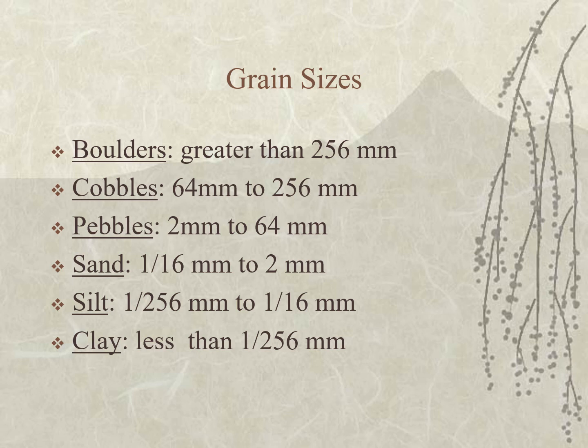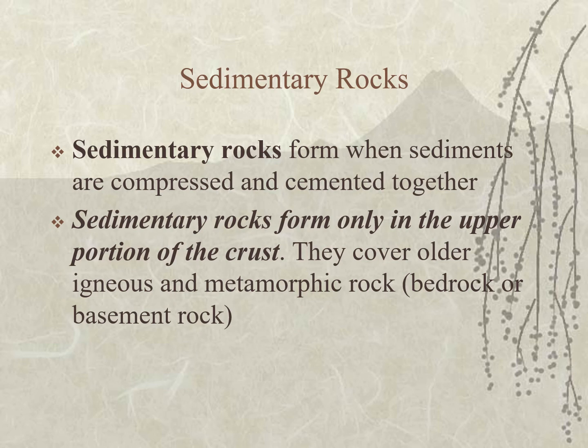Hold your thumb and forefinger together to show 1 millimeter. Now imagine dividing that up into 256 equal parts, and the size of clay is less than one of those parts. So clay minerals, for example, can only be imaged with a scanning electron microscope. I think you guys saw an image of that on one of the slides in the mineral lecture. Sedimentary rocks.